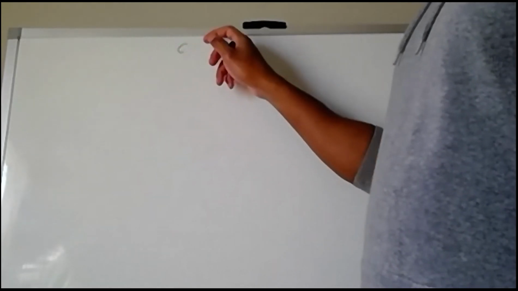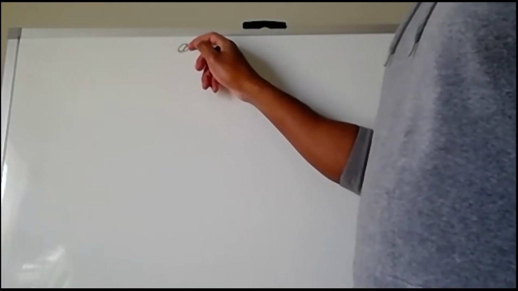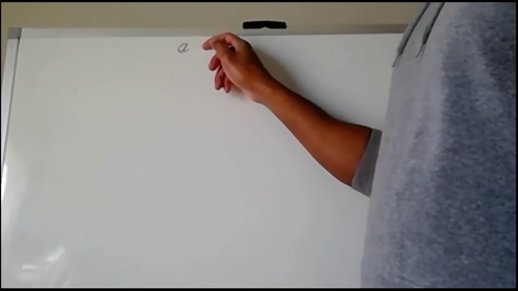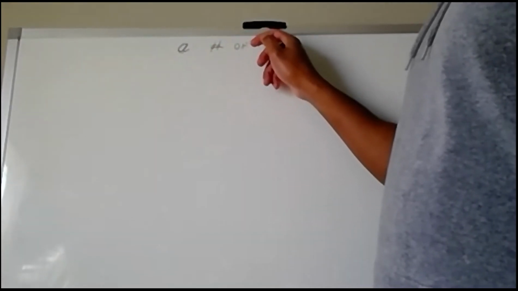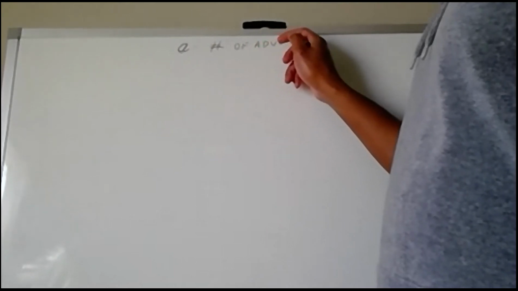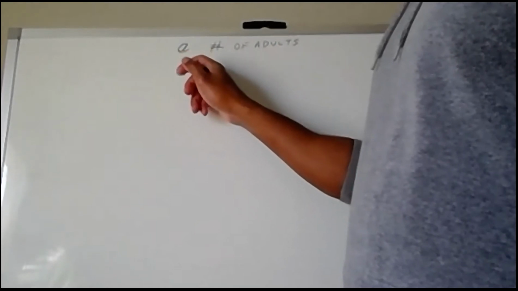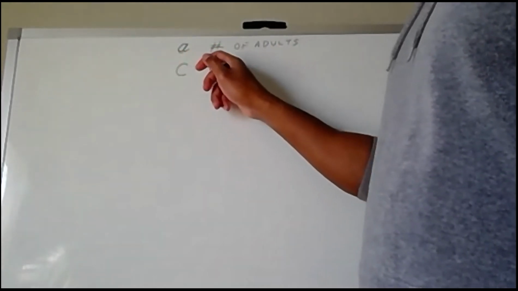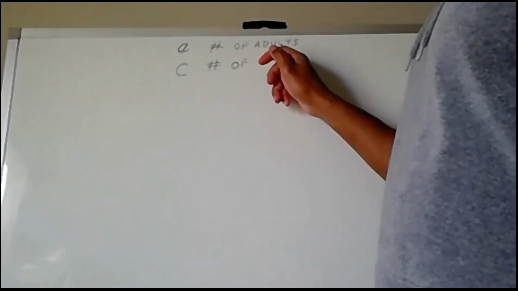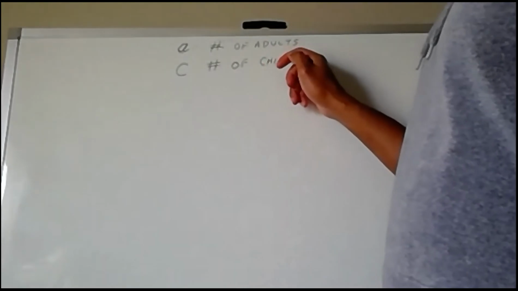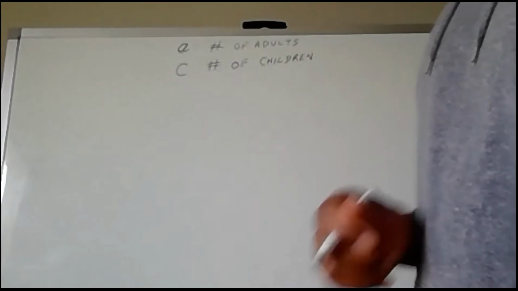Let's start with A. Let's call A the number of adults, and C is the number of children.